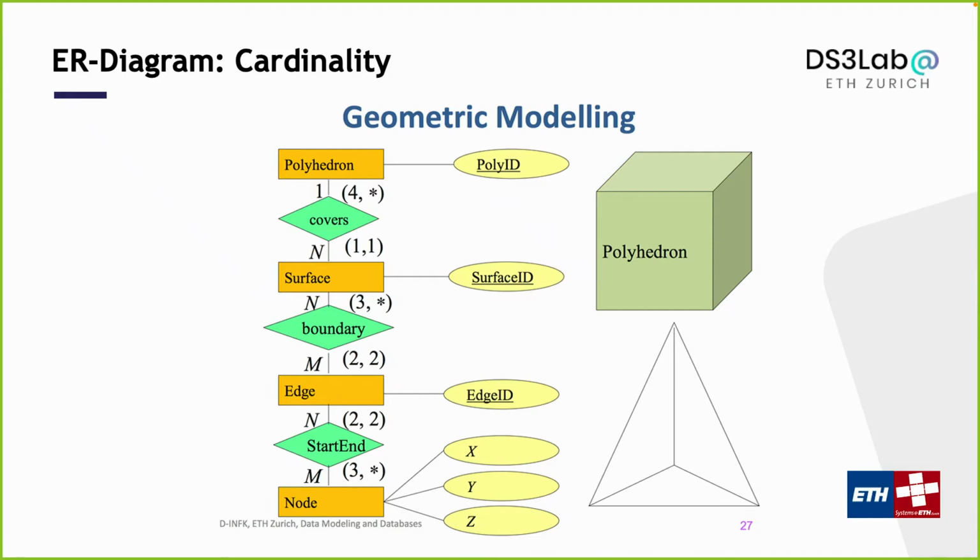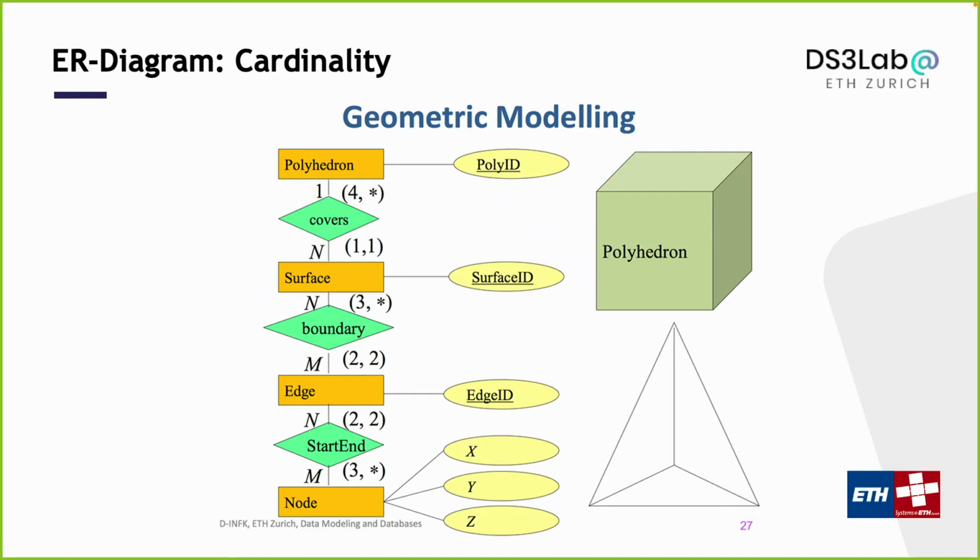Well, in three-dimensional space, a single polyhedron has at least 4 surfaces. It can have more, but it cannot have 3 because then it's not closed, right? So a valid database instance should have a single polyhedron appear at least 4 times in our three-dimensional geometric space.